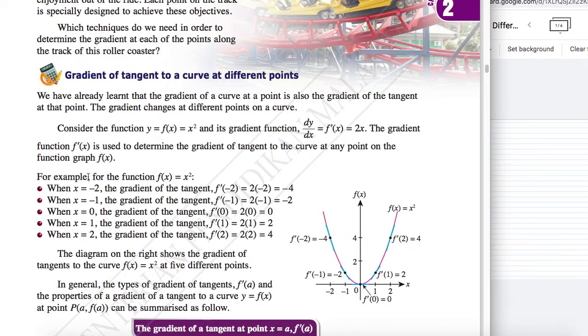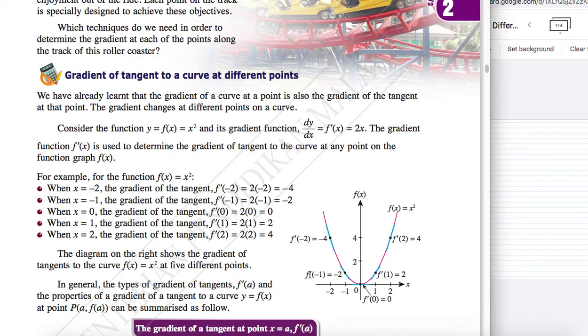So for example, when the function is x squared, after you differentiate, you get 2x. After differentiating is f prime, and at each point there is a different gradient. For example, when x equals negative 2, the gradient is negative 4. When x equals negative 1, the gradient is negative 2.